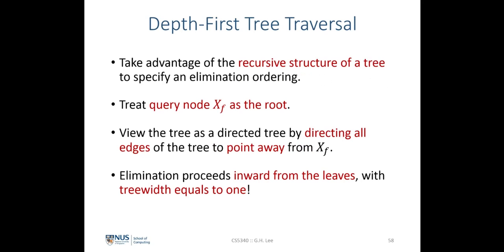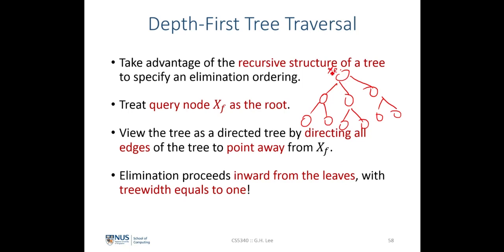So what this means is that we'll take advantage of the recursive structure of a tree to specify the elimination ordering, where we'll treat the query node as the root of the tree. An example of a tree-like structure is this one. Regardless of whichever node we choose as the root node, for example this one here, the rest will automatically form the different levels of a tree.